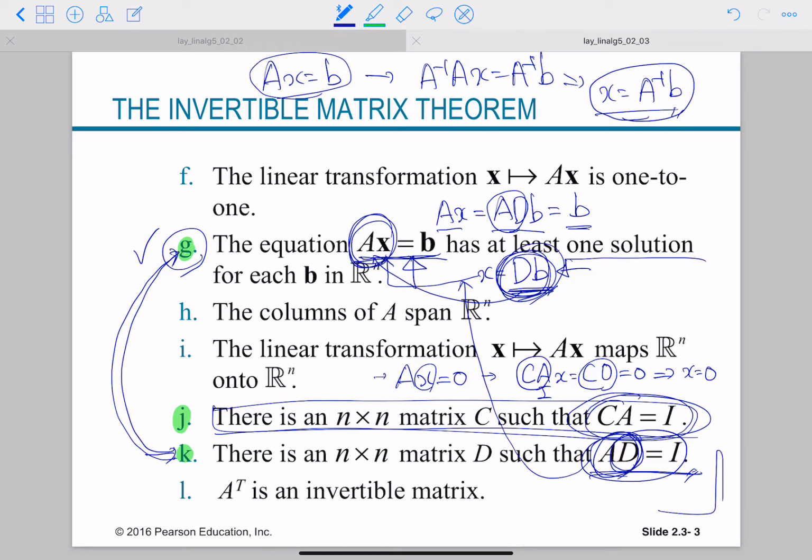So in this case, if G is true, then we can see that the pivots exist for every row, right? That was part of the previous theorem.